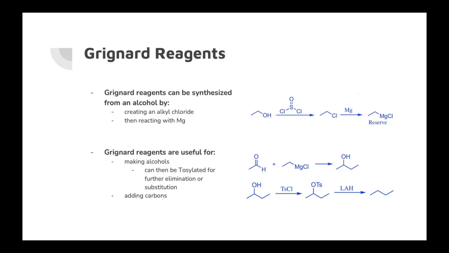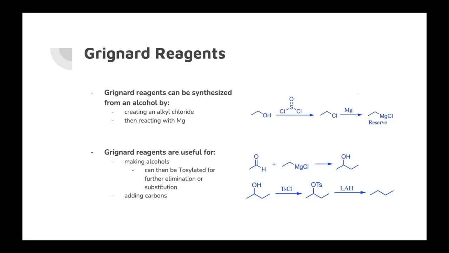Once you have your Grignard reagent, it's a really good way to make an alcohol. It's an alternate way to just a reduction because it can be used to add carbons. So for example, we see an aldehyde here, and when it's attacked with a Grignard reagent, you get a secondary alcohol with that extra carbon change.